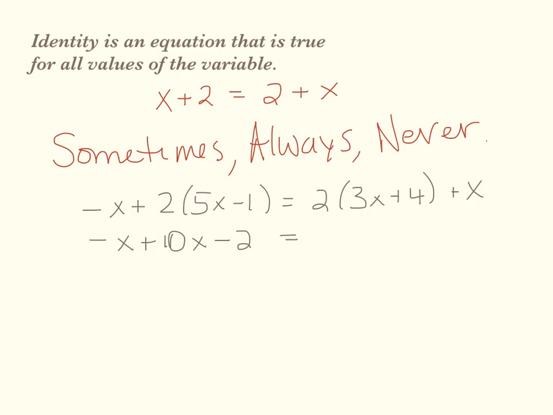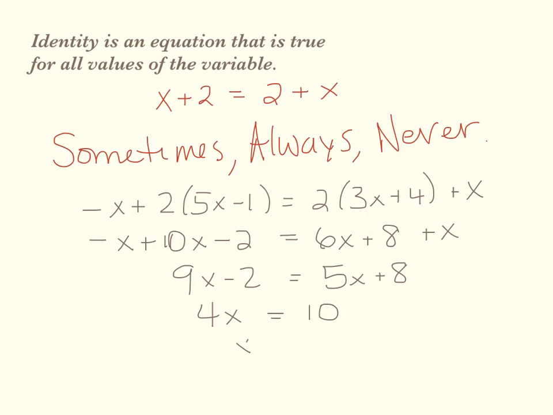I have to distribute the 2 on the right-hand side. 6x plus 8 plus x. Let me combine like terms on one side. And then I'll try to isolate the variable, combine like terms, bring the 5 over, and bring the 2 to the other side. 10 over 4 or 5 over 2.